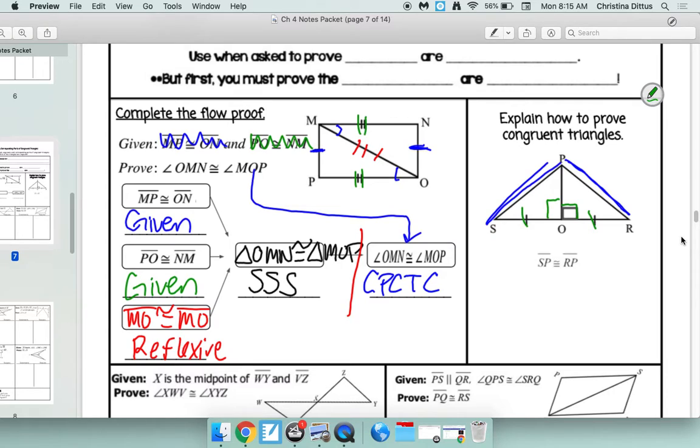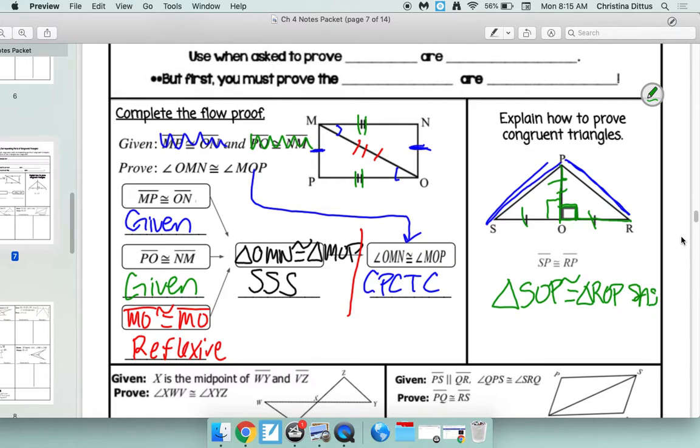A right angle. So I have a side, I have an angle. What else do I have? A side. What side? PO. What about PO? It's reflexive. So I have side, angle, side, right? So I would say that the triangle SOP is congruent to triangle ROP because of side, angle, side.